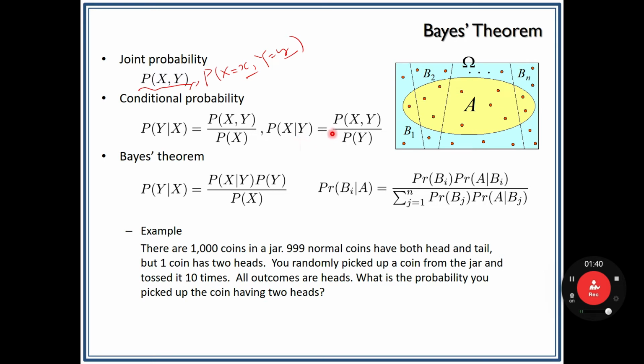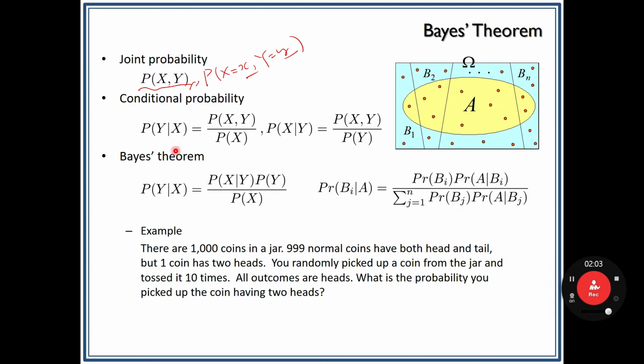The numerator part is the same as before, the joint probability of x and y, and the denominator part becomes the marginal probability of y.